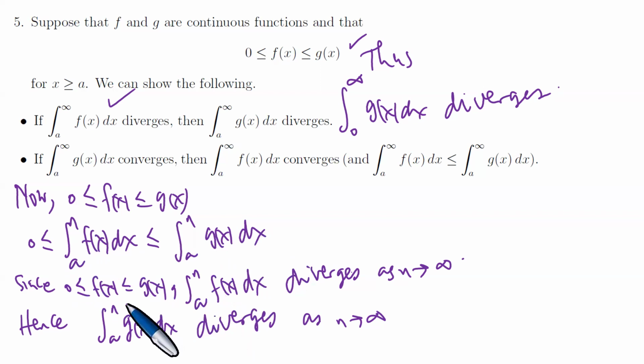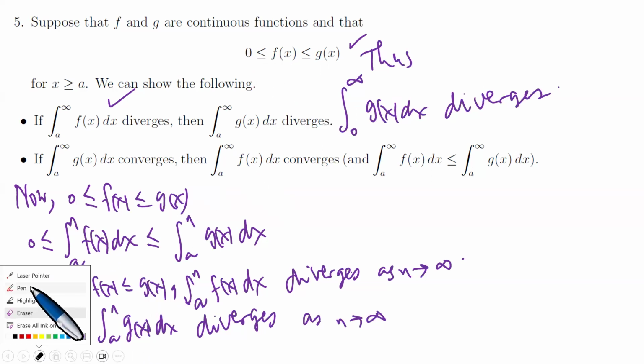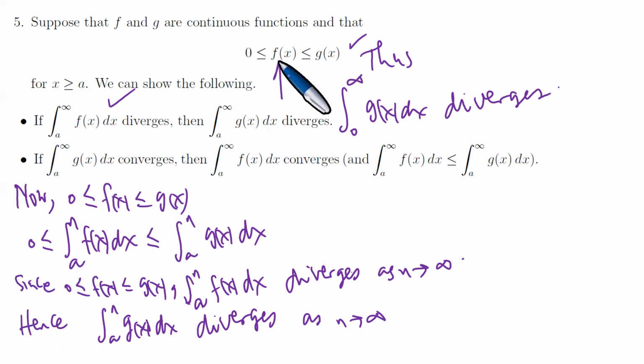Now, if the integral of f diverges as n approaches infinity, then because f is the smaller one, if the smaller one diverges, then the bigger one also diverges.